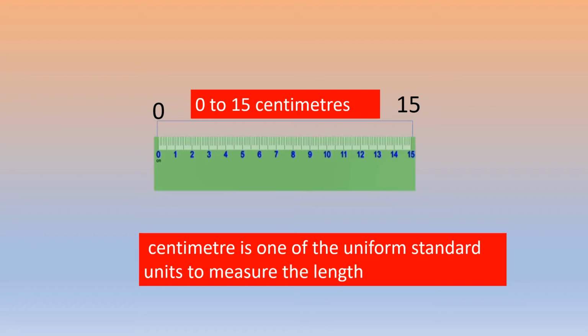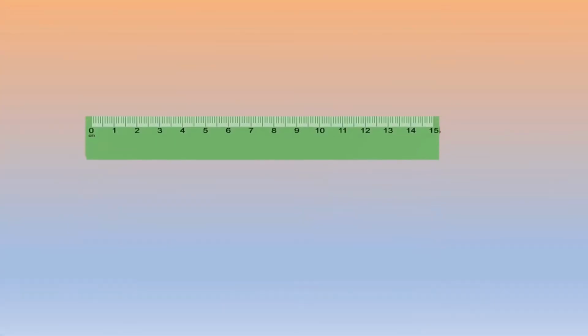We use a 15 centimeter or 30 centimeter ruler to measure small objects. Now let's see how we can measure the length. We measure the length from the 0 mark by counting 0 to 15.